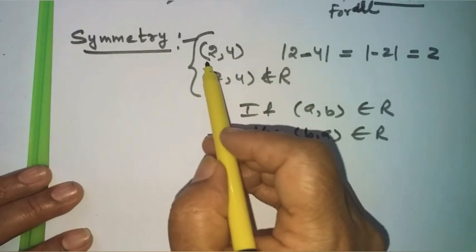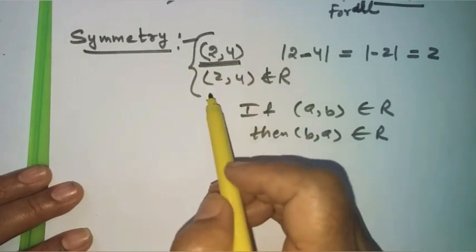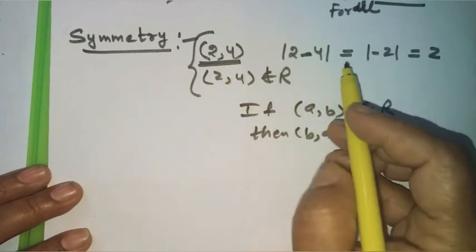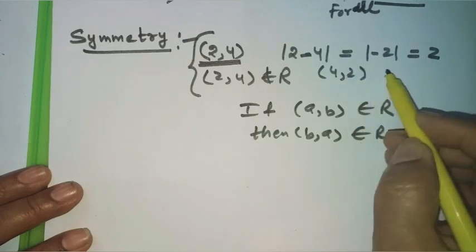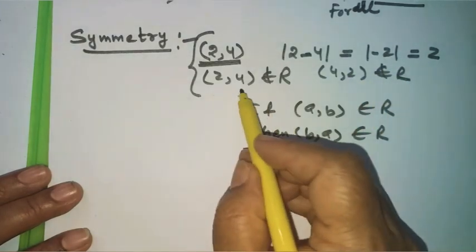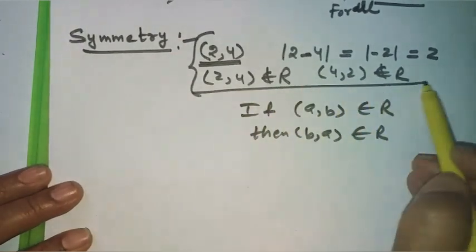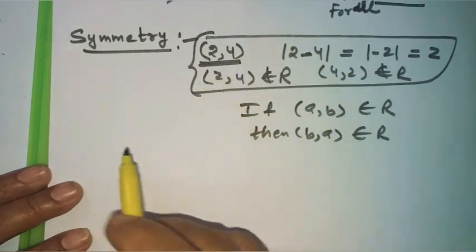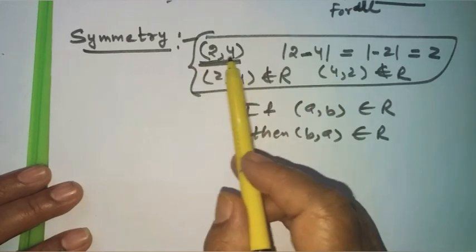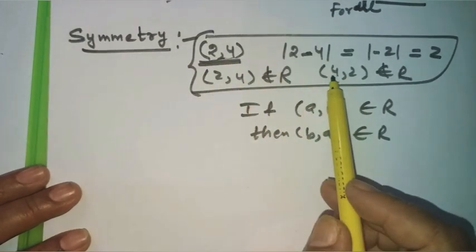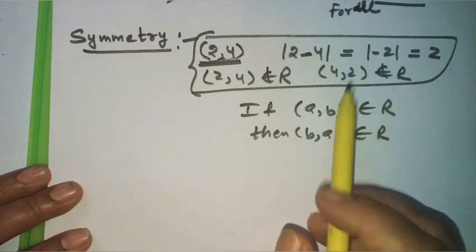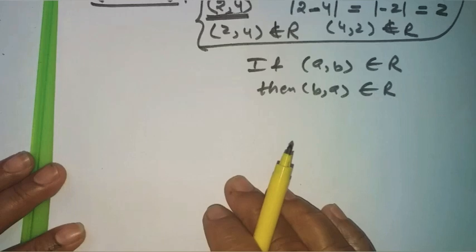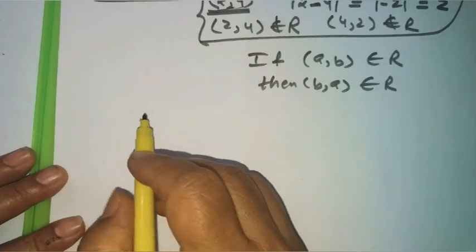In this case, for this particular ordered pair, I am not going to check its reverse ordered pair, because neither 2, 4 nor 4, 2 belongs to R. So this is not valid. I have to take a number where one ordered pair belongs to R. When an ordered pair does not belong to R, its reverse ordered pair will also not belong to R. So I do not have to check those that do not belong. I have to check the ones which belong.